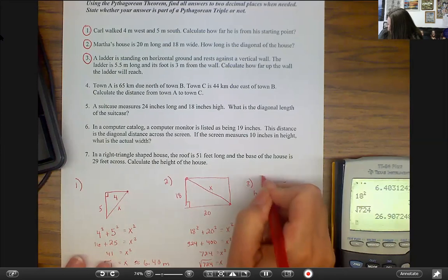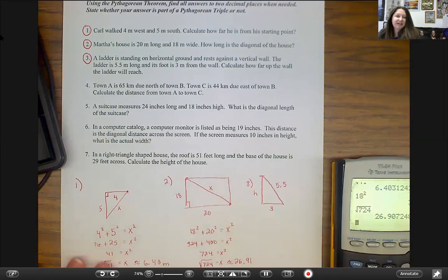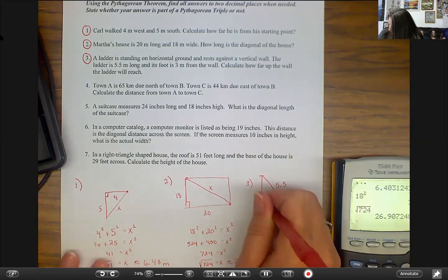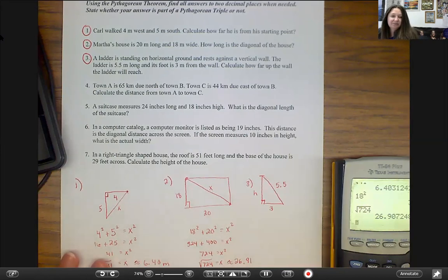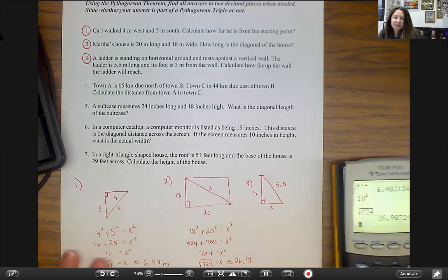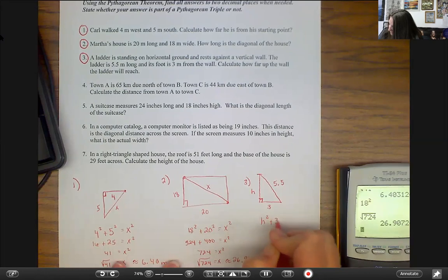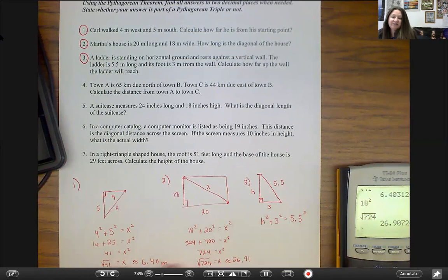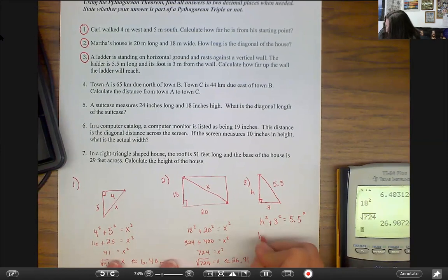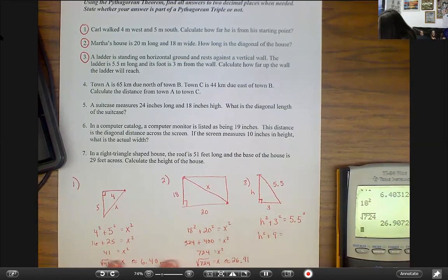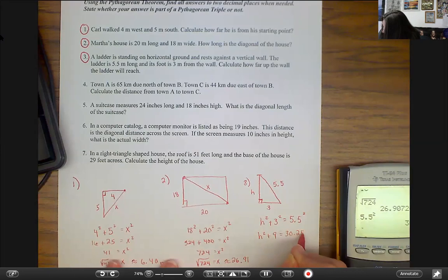Where does that ladder attach to the wall? Again, this will be a right triangle in here. And because it's a right triangle, the Pythagorean theorem would be appropriate. So I could use h squared plus 3 squared equal to 5.5 squared. So h squared plus 9 equal to, and when I take 5.5 and square it, I get 30.25.